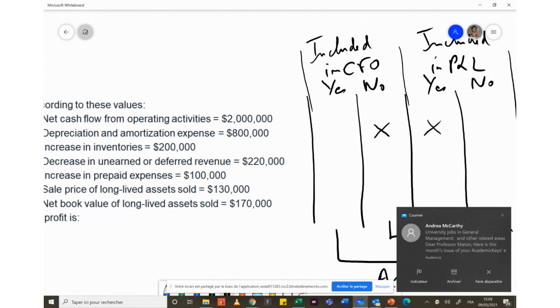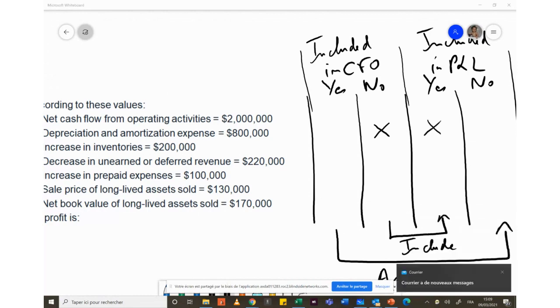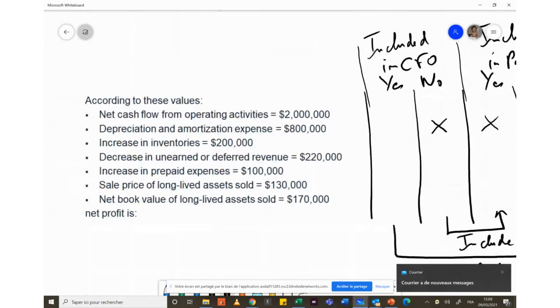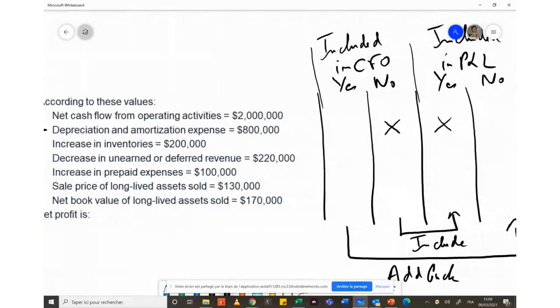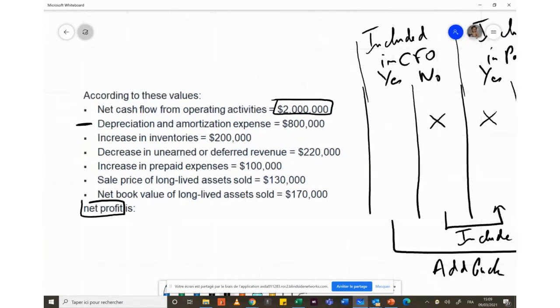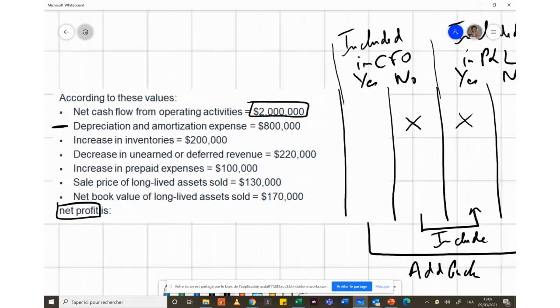So we need to include this expense. It's an expense, so we put minus. So minus the D&A expense, not already included in the 2 million, but we have to include it in the net profit. And it's an expense, so minus.